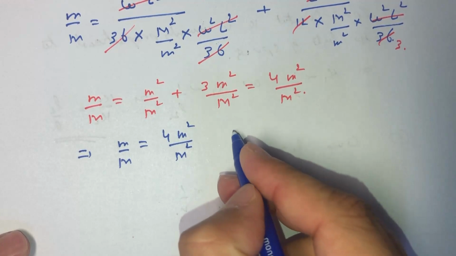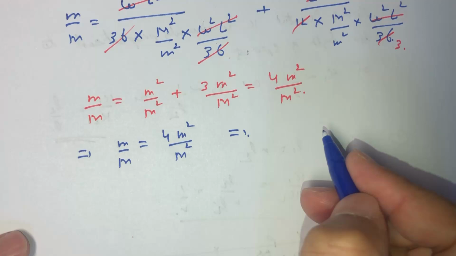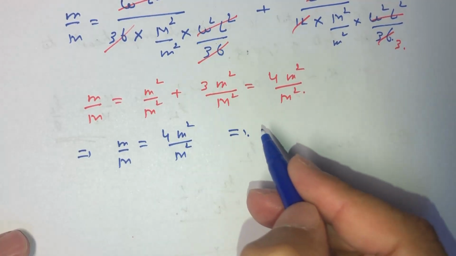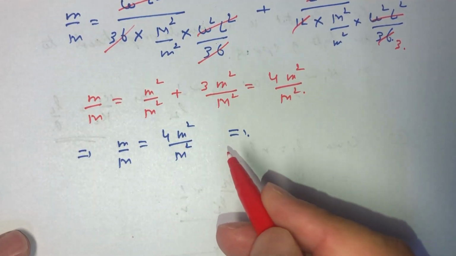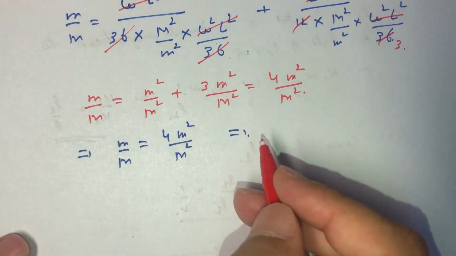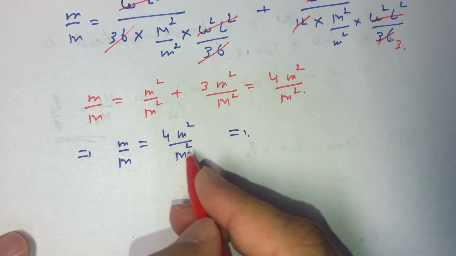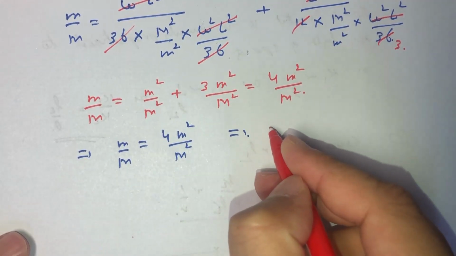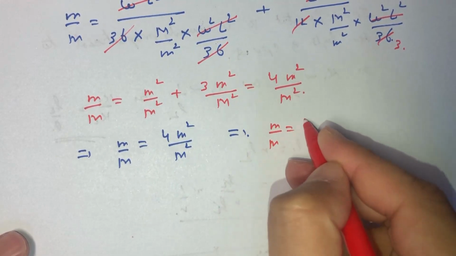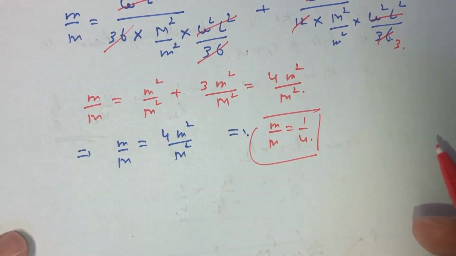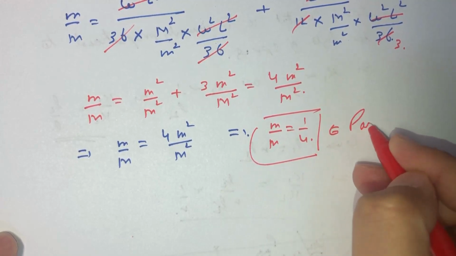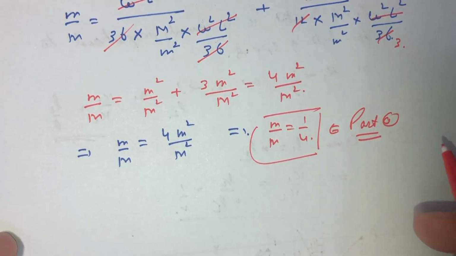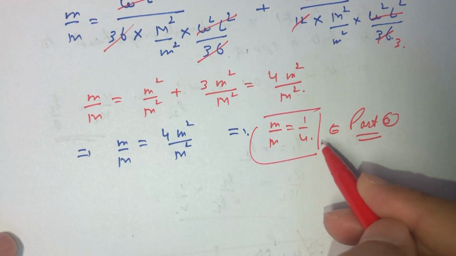From here we can say that we have to find out the ratio of small m upon capital M. So this gives us that m upon capital M is equal to 1 by 4. So this is the ratio of part A. This is our part A. The ratio of small particle mass to the rod mass is 1 by 4.